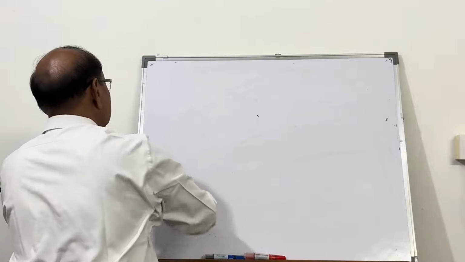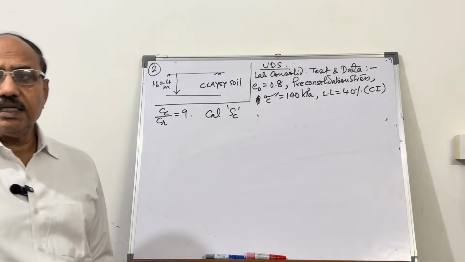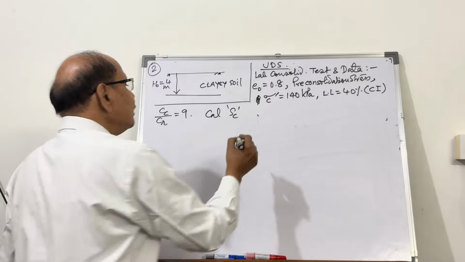So these values are given, and we have to calculate the consolidation settlement, that is Sc, if the present overburden pressure.